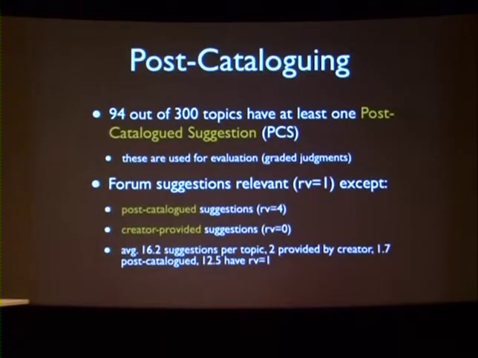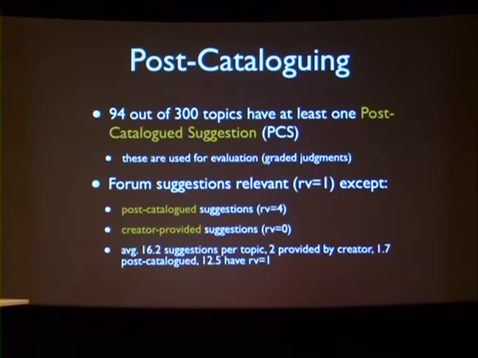So what we did is we look in particular at those in the topic set that have at least one post-catalog suggestion. So this is the topics in the topic set where at least we have access. It depends a little bit on the timing, how much later it is.